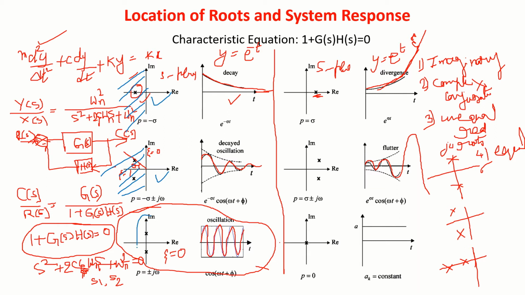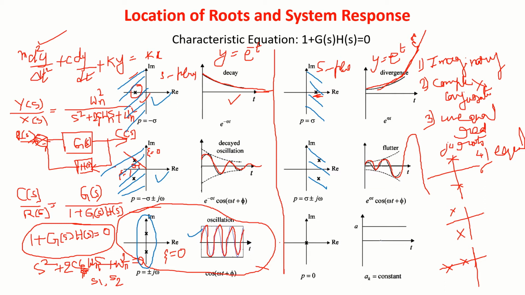If the root is on the imaginary axis, you can see the response is oscillatory. If the root is on the right hand side, here as well as here, the response is building up with respect to time. Here if there is a single root at the origin, again the response is constant.